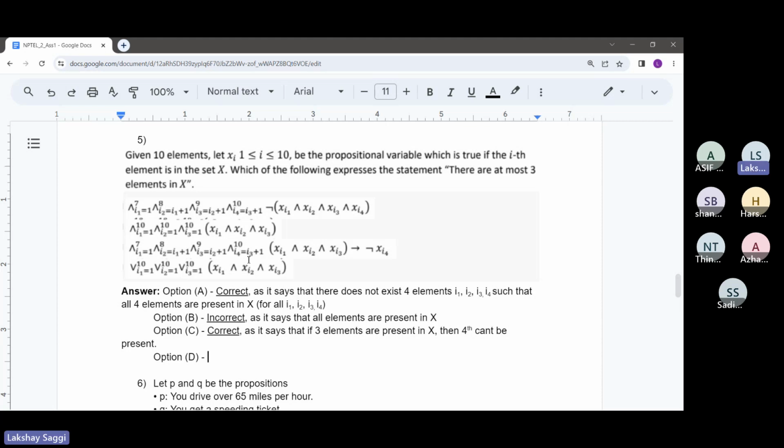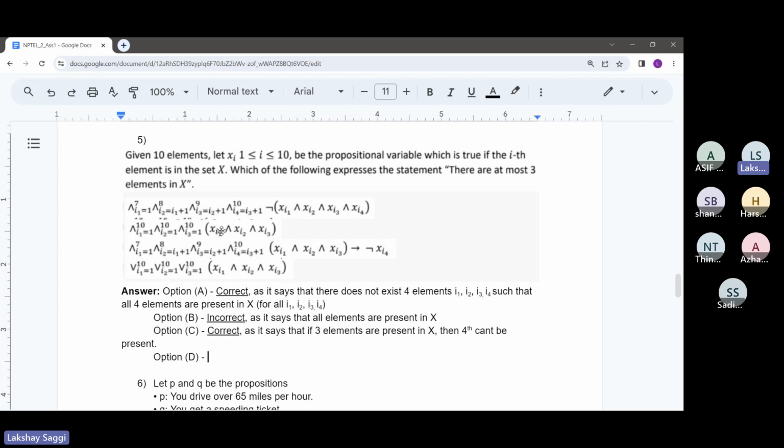So this statement is incorrect. It says that there should exist a triplet which is present in X, but it does not say that at most three elements are present in X. If you get what I'm saying.